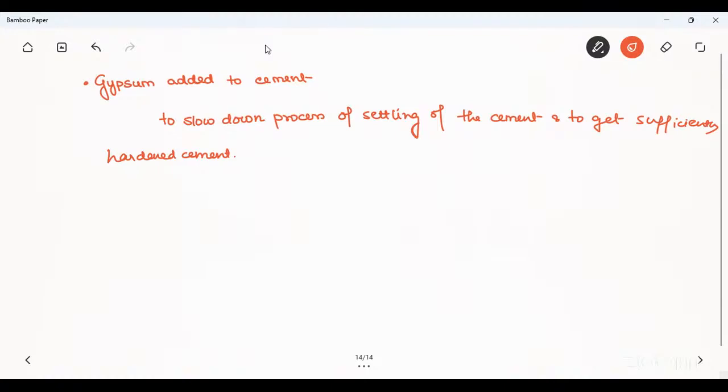Again a question has come: write any two uses of magnesium.